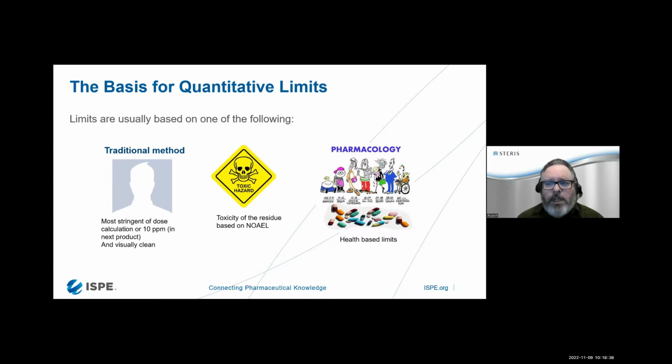You could also use the toxicity of the residue based on a toxicity endpoint like a NOEL, no observed adverse effect level, or a LOAEL, or even in some cases an LD50, and I'll go over the differences between these different values. And then we have a health-based exposure limit, which reviews the pharmacological and toxicological effects and determines a PDE value or an ADE value. And I'll go into those acronyms as we move through the presentation.